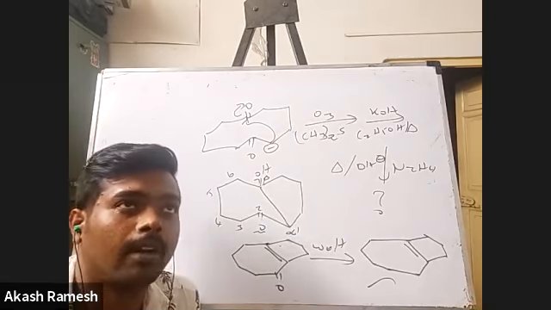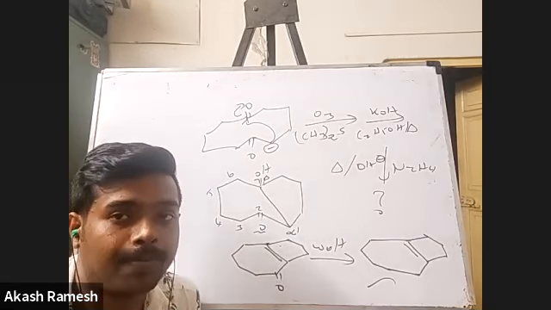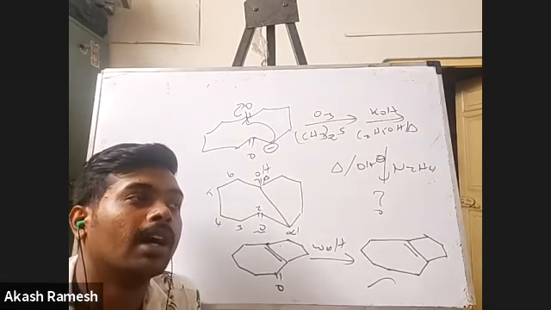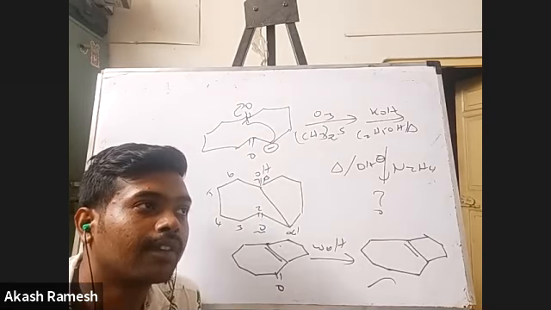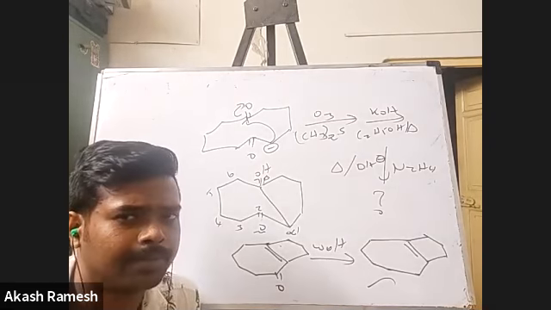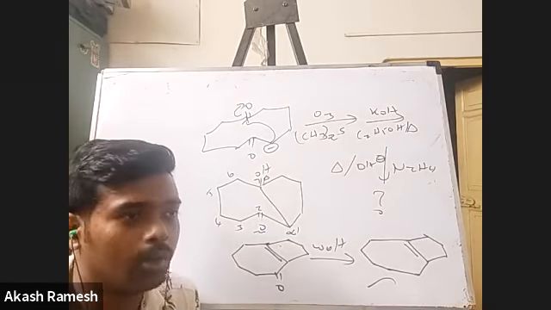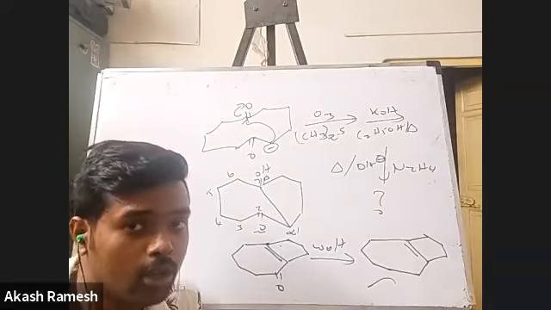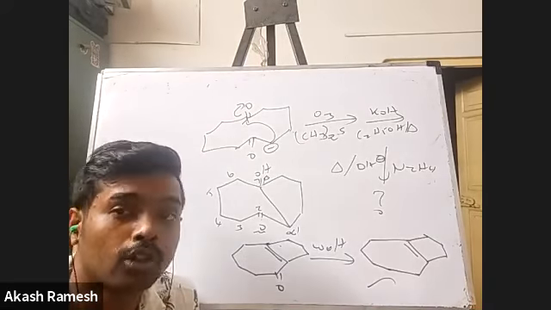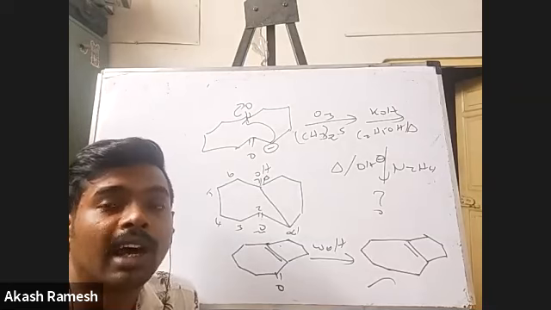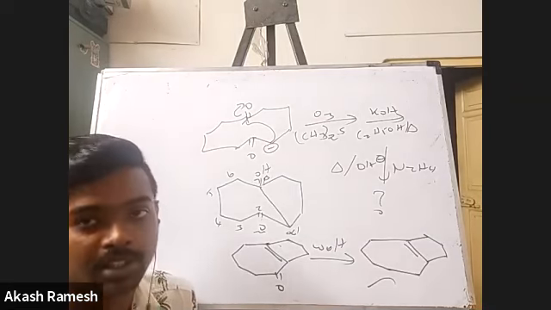If you remember when we talked about tautomerism, I told you the alpha hydrogens of aldehydes and ketones are acidic. But I also told you that there are other functional groups for which the alpha hydrogen is acidic.